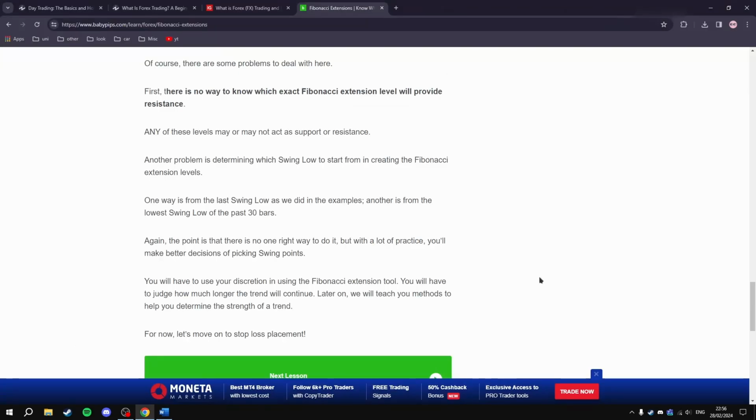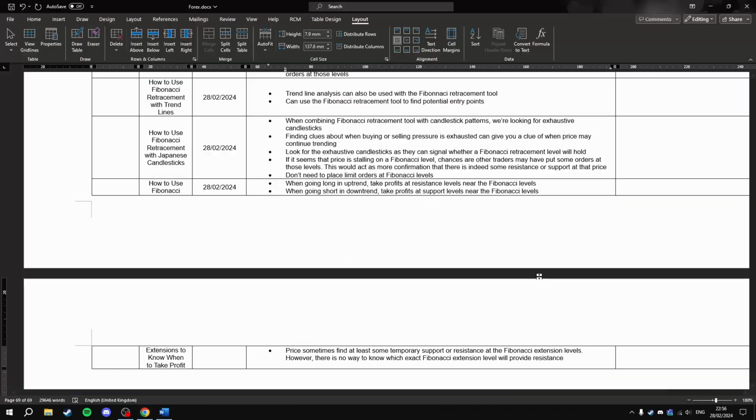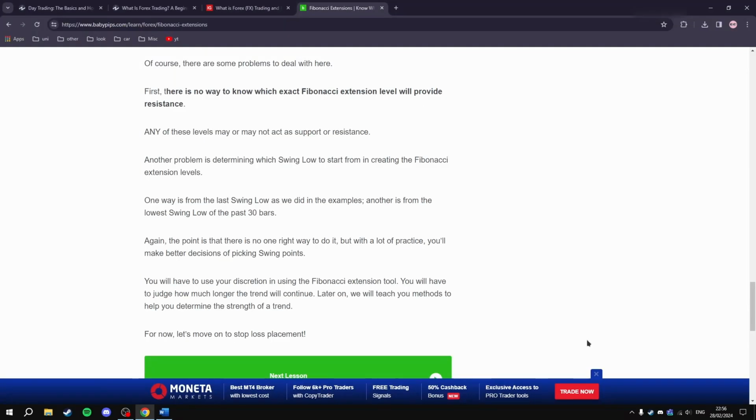Any of these levels may or may not act as support or resistance.